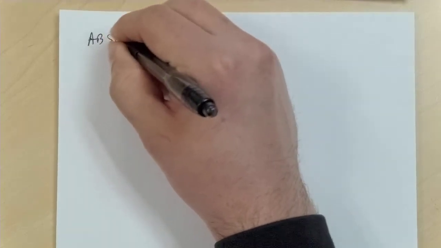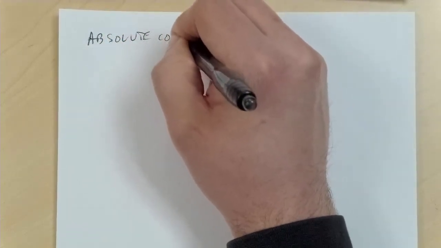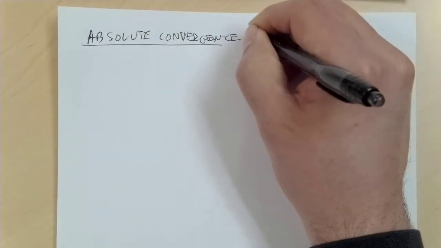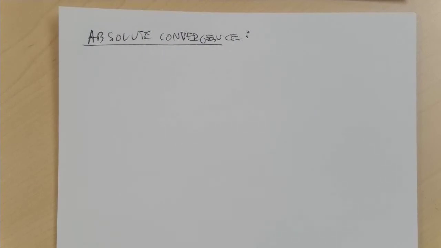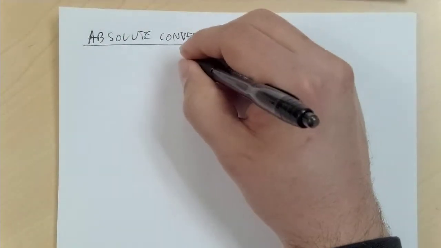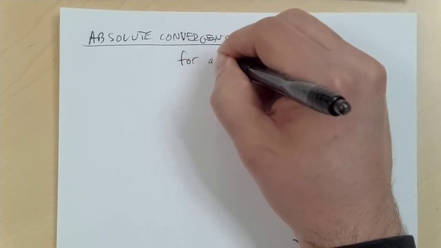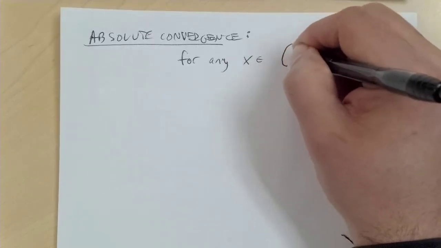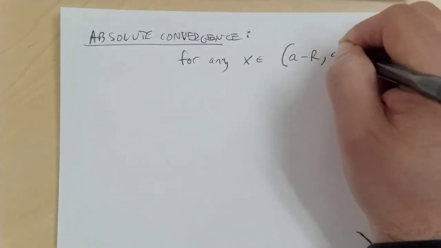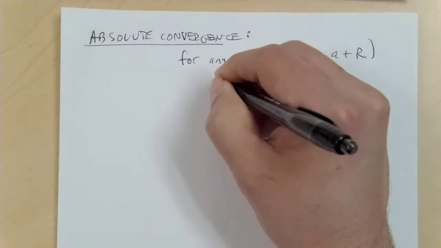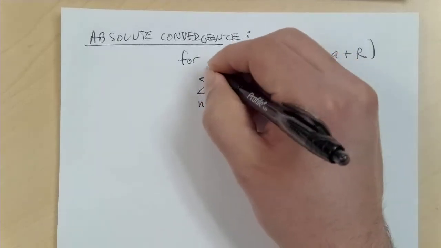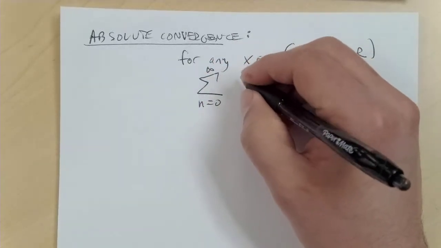All right, so then we also have absolute convergence. And what that means is that for any x in the interval from a minus r to a plus r, the absolute series converges.